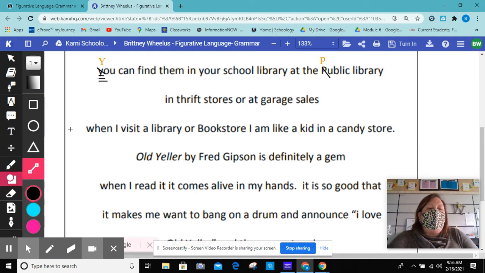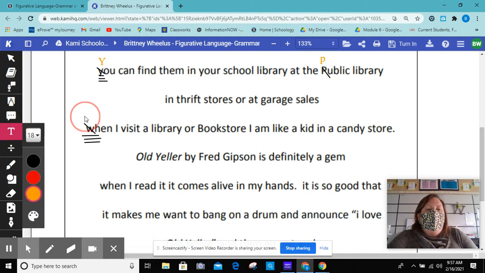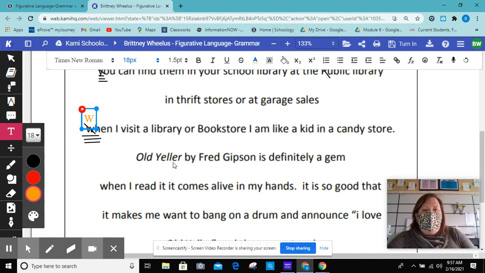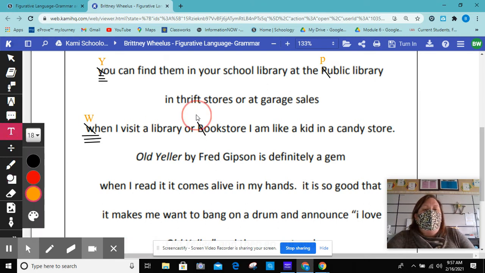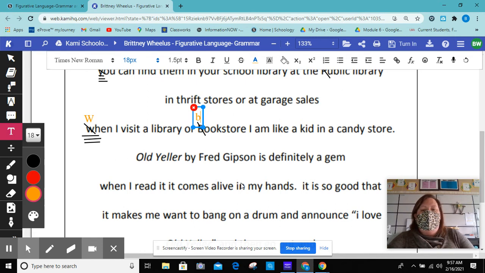All right, we need to capitalize the W. Is there anything else in this line that we need to do? Aubrey, we do need a comma. I'm going to come back to the punctuation. Bookstore, what about it? It does not need to be capitalized. So I'm going to put a little b above bookstore. Okay.